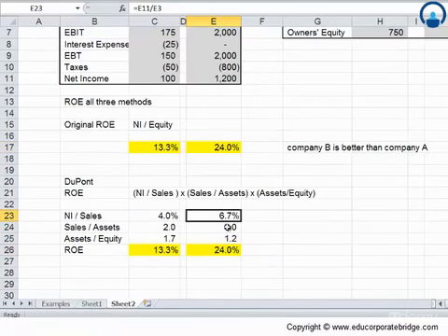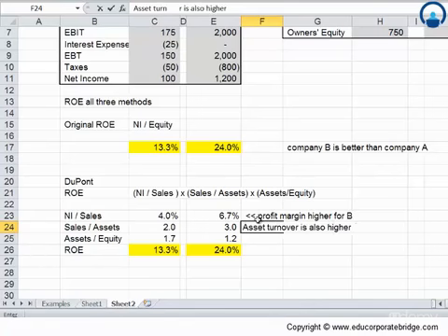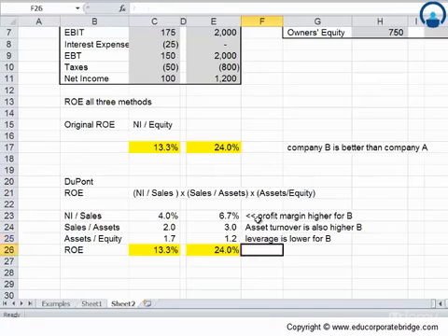So let's minutely identify and analyze each of the elements. This profit margin is relatively higher for company B. As you can see, asset turnover is also higher for company B. And assets divided by equity, this is leverage, is lower for B. So on one side they are losing out on the leverage as compared to company A. However, they have much more advantage in terms of profit margin and asset turnover.